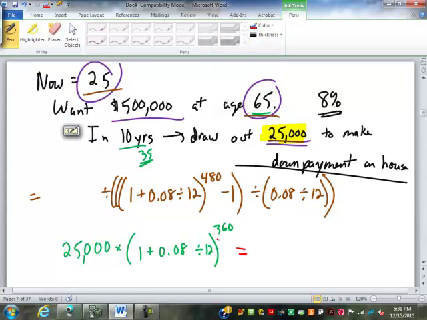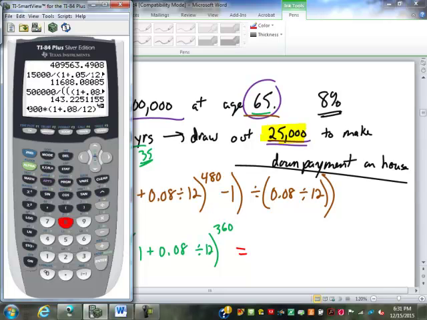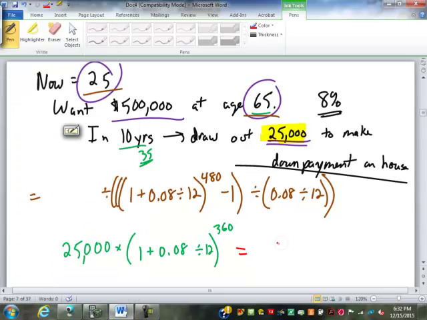So we need to figure out what that would have been worth. 25,000 times 1 plus 0.08 divided by 12 to the power of 480. 606,834.64.